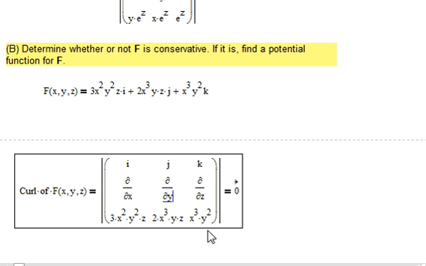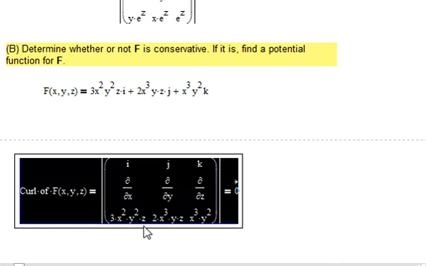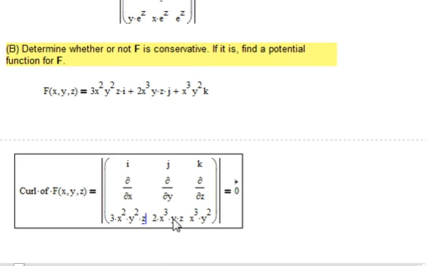It's i times the partial of this one with respect to y. That would be 2x cubed y, minus the partial of this one with respect to z, and you can see it's 2x cubed y, so we get 0i, minus j times the partial of this one with respect to x, which would be 3x squared y squared, minus, actually minus a negative, so we say plus the partial of this one with respect to z, 3x squared y squared, and again we get 0j, and then k times the partial of this one with respect to x, which would be 6x squared yz, minus the partial of this one with respect to y, which would be 6x squared yz.